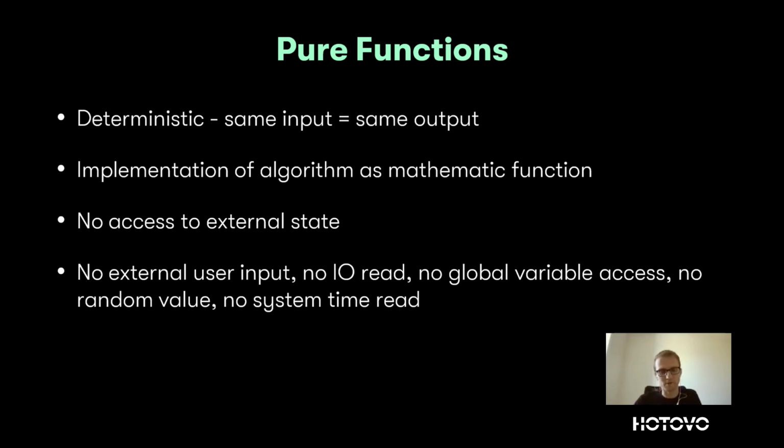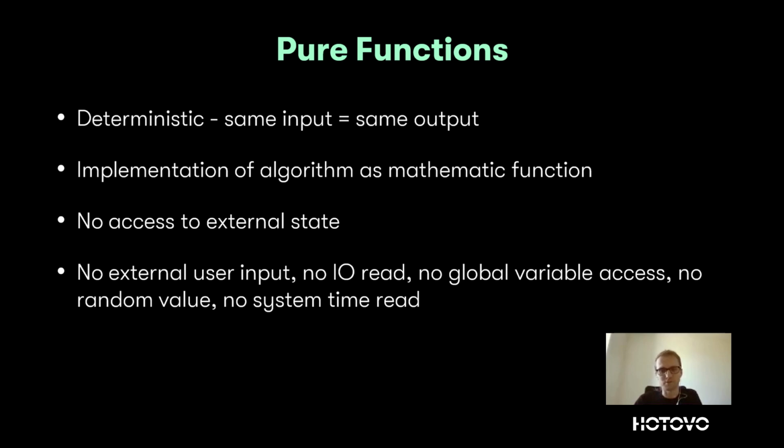There's no user input or IO read. IO means things like network access or file system. And there's no access to global variables, or basically variables outside of the scope of the function.